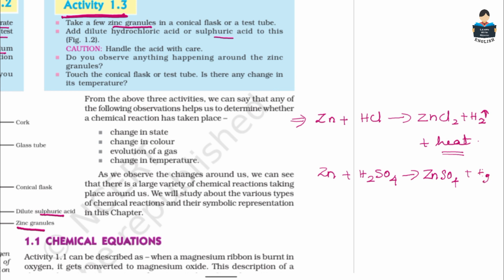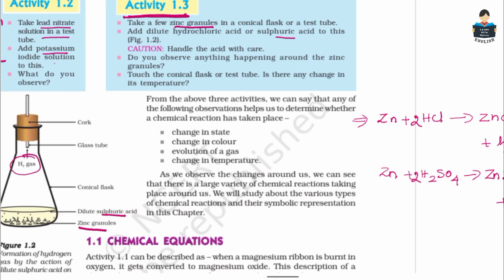We need to balance these two equations, so here we get 2 HCl, and for the second, H2SO4 and H2. In both reactions, hydrogen gas is evolved and heat is produced. That is, the conical flask or the test tube, whichever we are using, will get warm. When heat is produced in a reaction, we call that reaction an exothermic reaction.